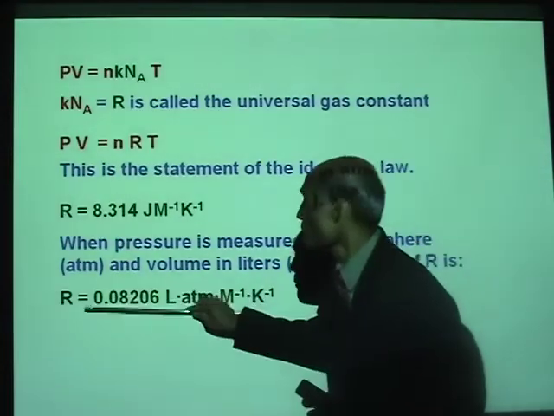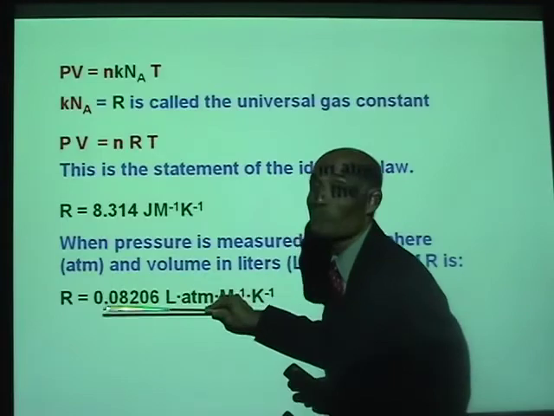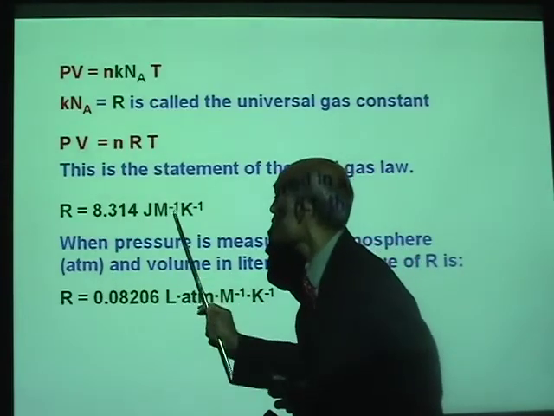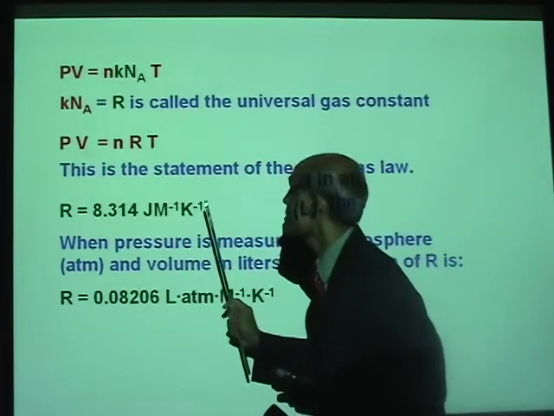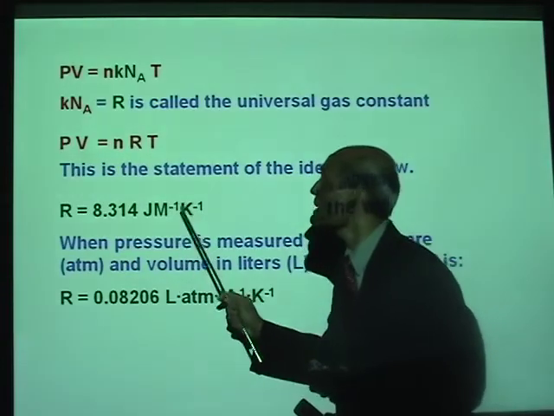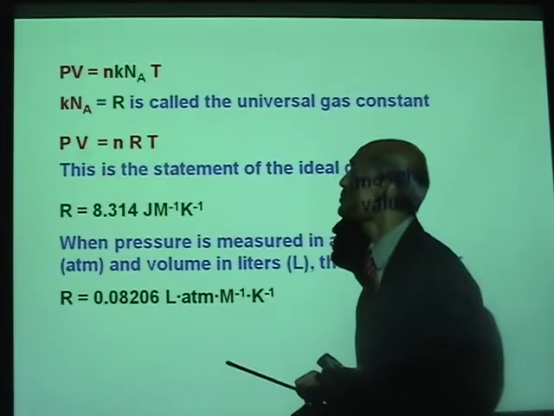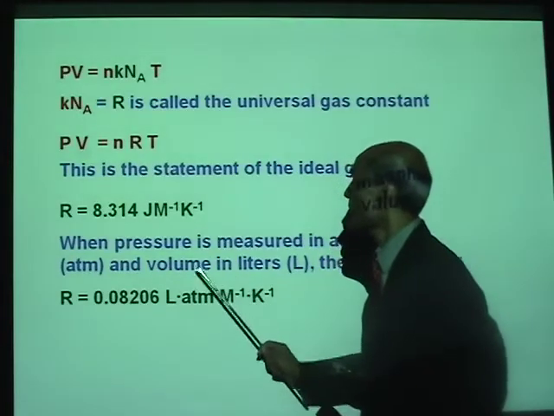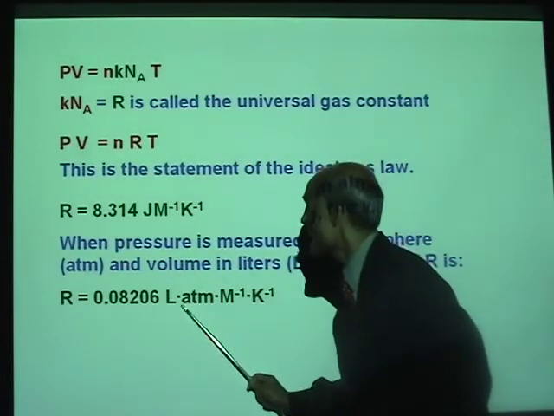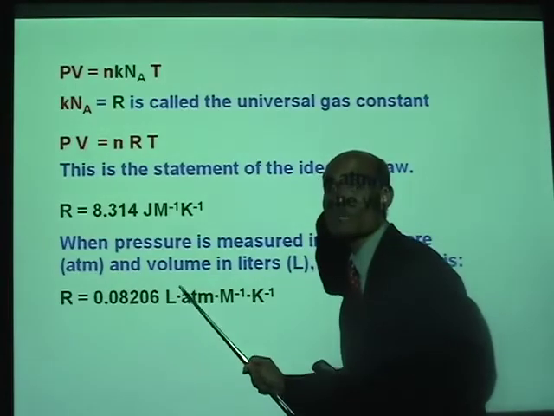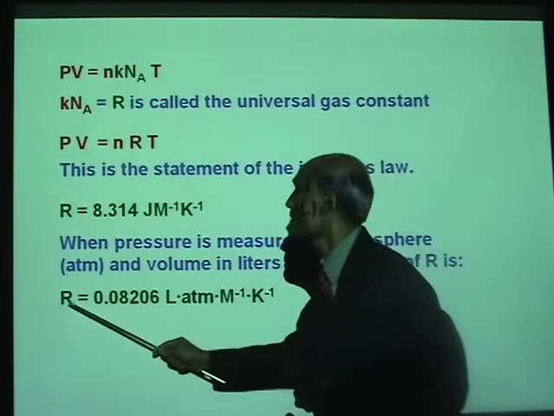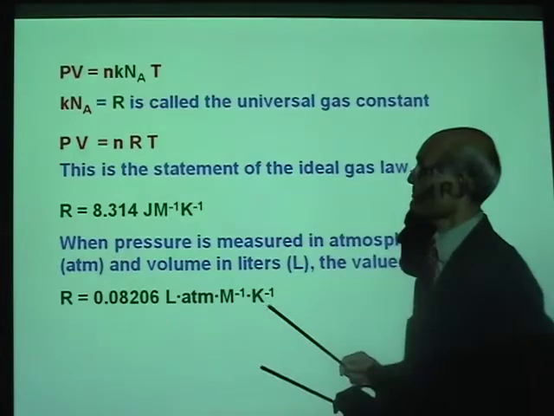Now remember, both these values are the same, but here the pressure is measured in pascals, volume is measured in meter cube, so that is 8.314 joules per mole per Kelvin. When pressure is measured in atmosphere and volume is measured in liters, the value of R is this.